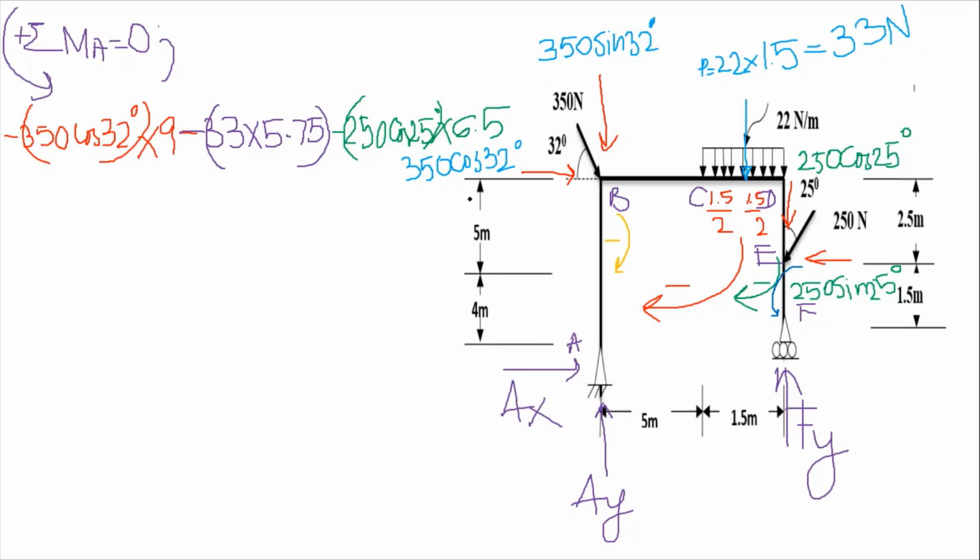So it is positive and it is 250 into sine 25, and it will multiply with the distance. Let's decide. You know that this is 9 meter and this is 2.5 meter.